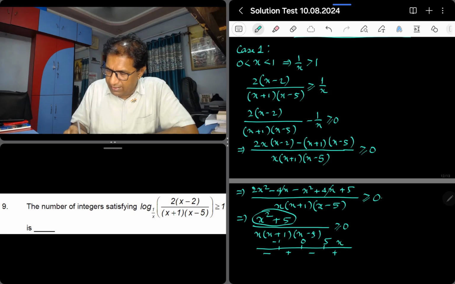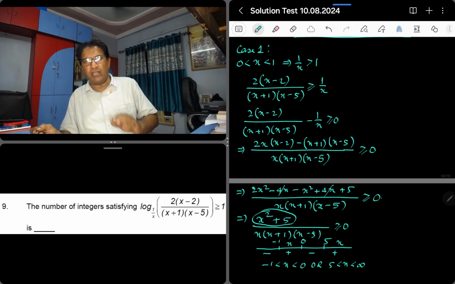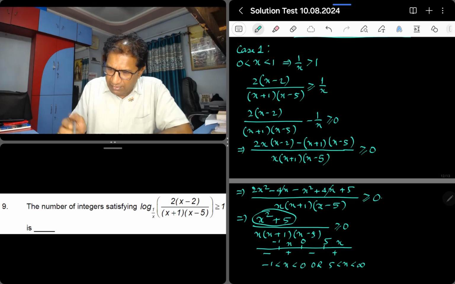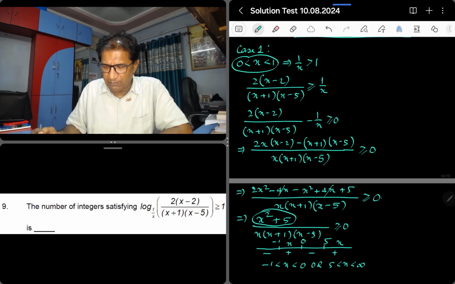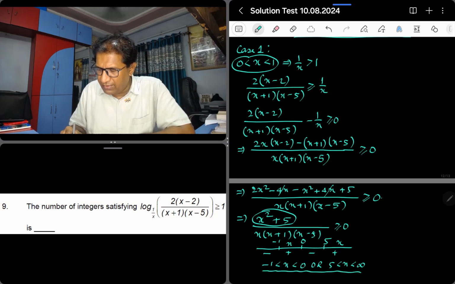So x will come here, x will come here, or x is lying between minus 1 and 0 or it is more than 5. But you have assumed that x is lying between 0 and 1.